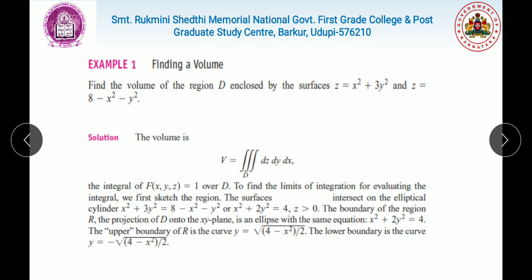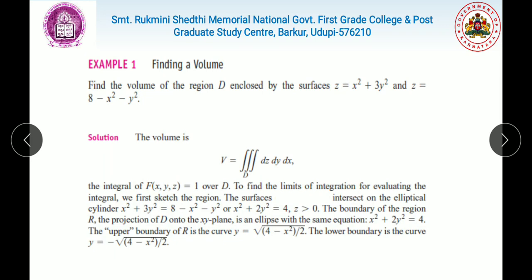Let us see, these surfaces intersect on an elliptical cylinder. When you equate z on both the surfaces, you will get the elliptical cylinder x square plus 2y square equal to 4, where z is of course greater than 0.